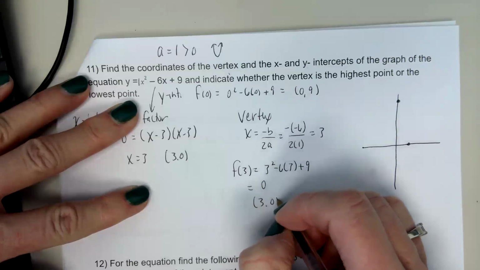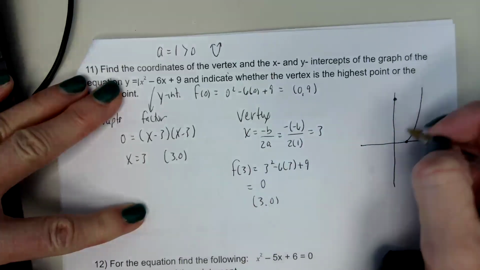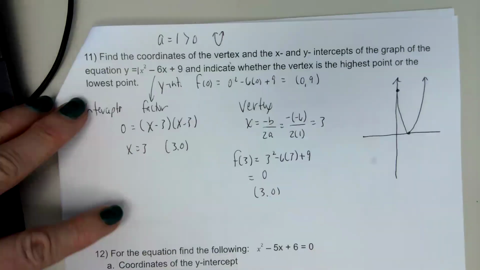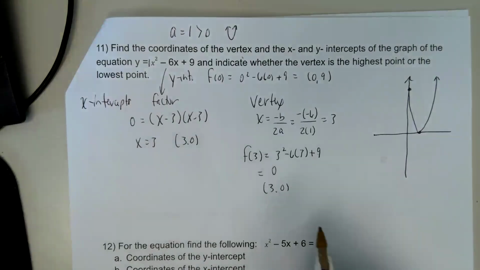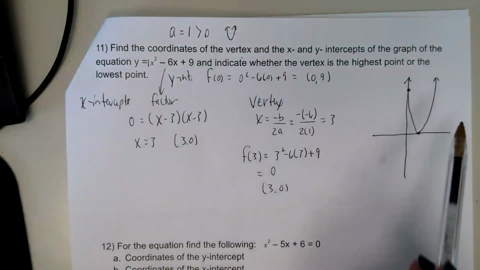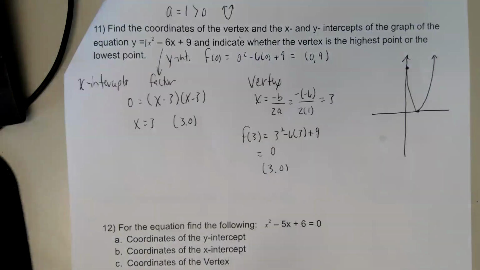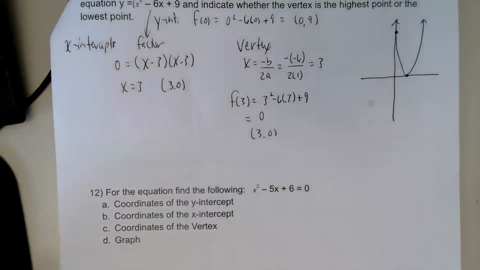So it does look like my vertex and my x-intercept are the same value. So it looks like this is my equation and my graph. Pretty cool how we can find all of those things from my equation, and I can make my graph just by finding these things. I can get a picture of my graph without even looking at Desmos. So I am expecting you to show me these things on the test for credit.